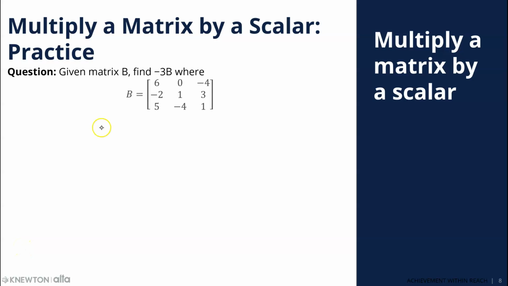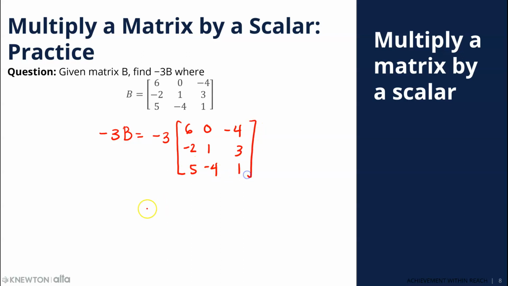To solve this, we will multiply each entry in B by negative 3. So negative 3B is equal to negative 3 times the matrix B, so you just copy matrix B: 6, 0, negative 4, negative 2, 3, 5, negative 4, 1. Now each entry in B will be multiplied by negative 3.